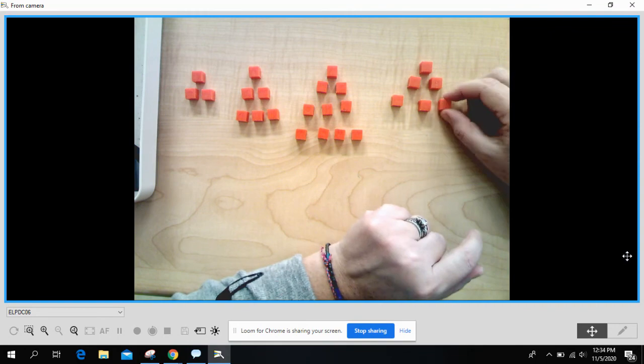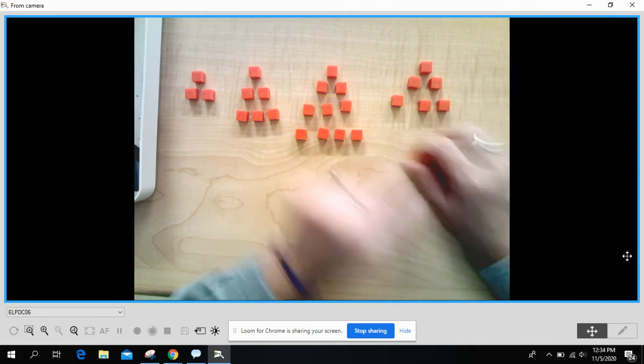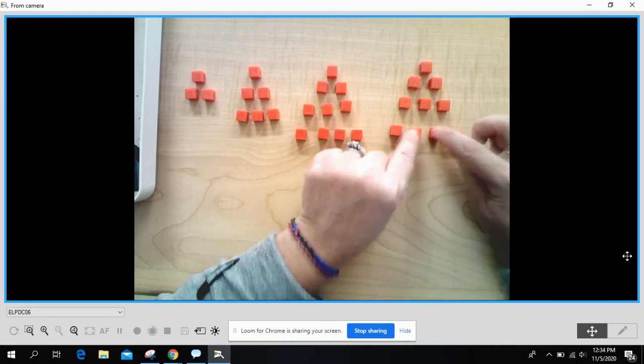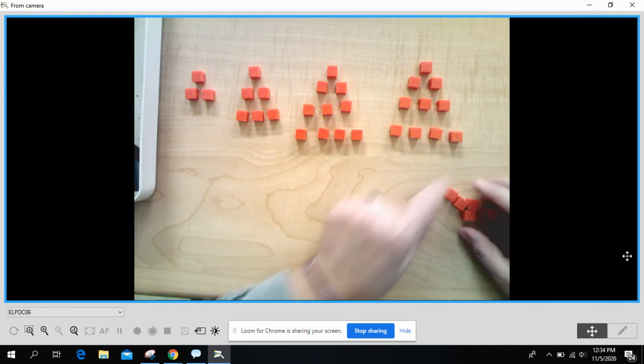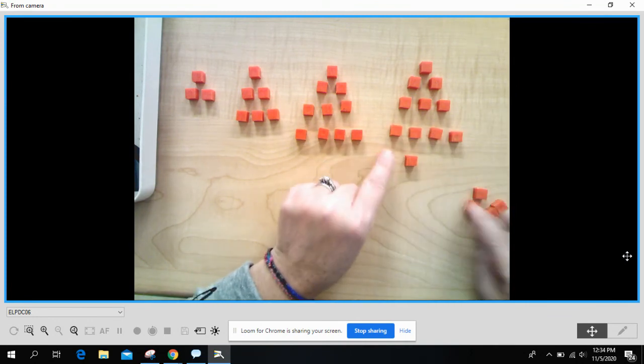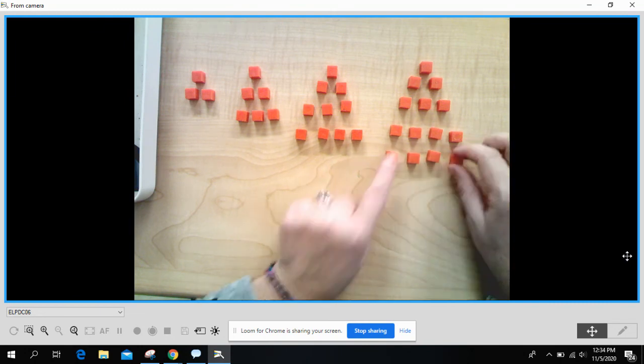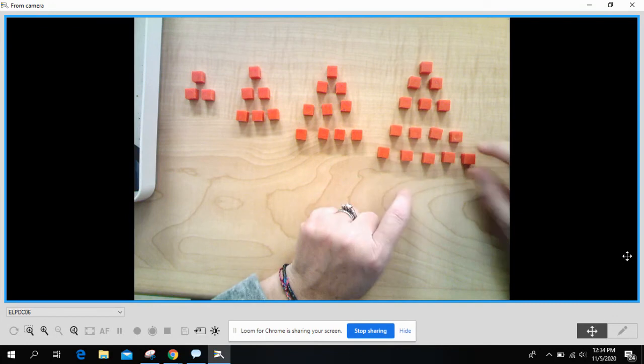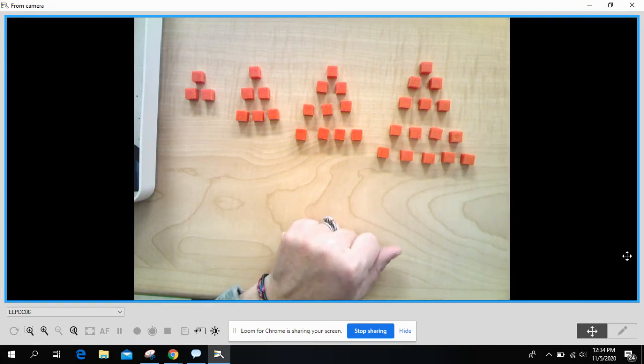And what we're going to do next with this object pattern is transfer it. By transfer, I'm going to take what I've already figured out in one pattern and put it in another pattern. We're just going to transfer this pattern to a number pattern and see if we could figure out what would come next.